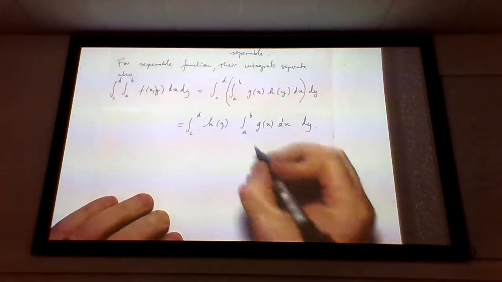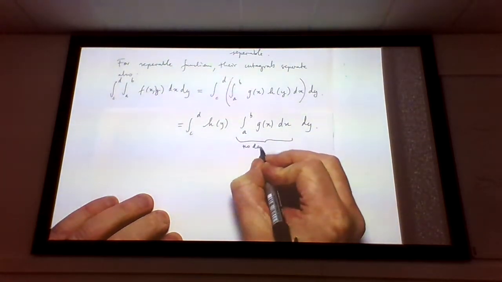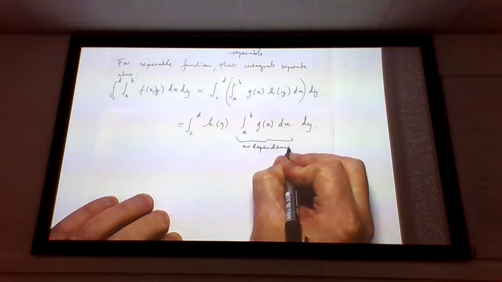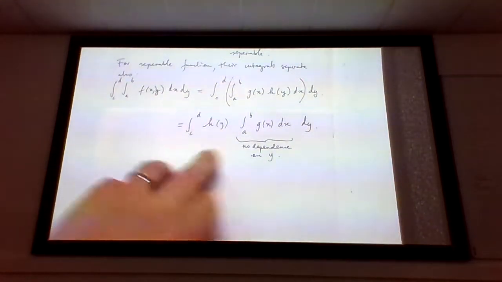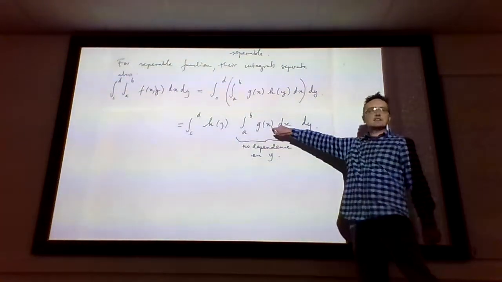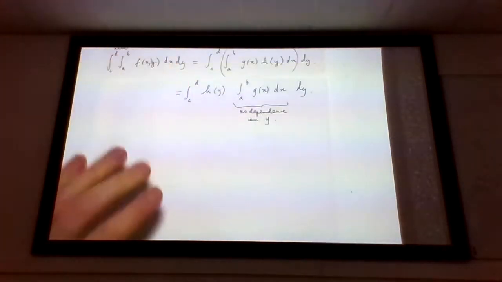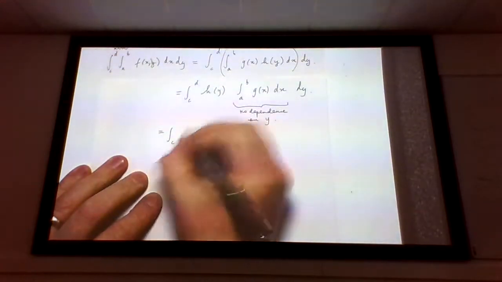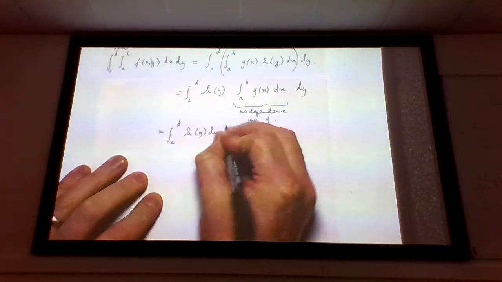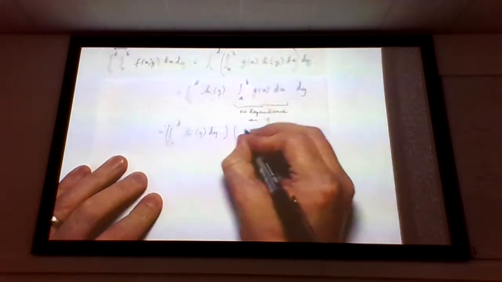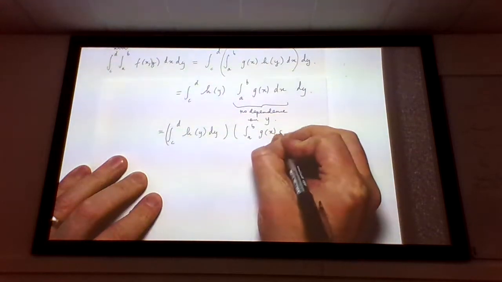So, no dependence on y. As far as the y integral is concerned, this is just like a big constant sitting inside the integral. So it itself can slide outside the y integral. Then we've just got the integral from c to d of h of y dy, separately, the integral from a to b of g of x dx.